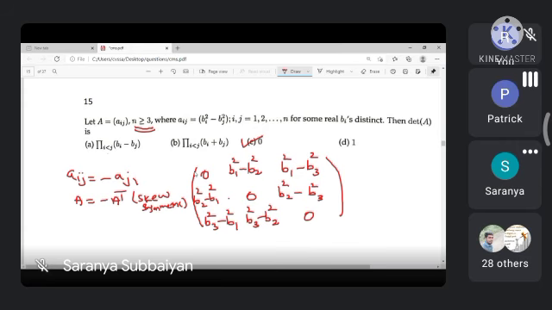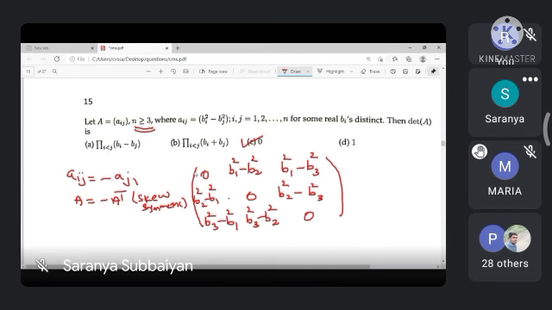Ma'am, what if n is equal to 4? Suppose n is equal to 4, then again the diagonal is 0, with entries like b1 squared minus b4 squared, b2 squared minus b4 squared, b3 squared minus b4 squared.